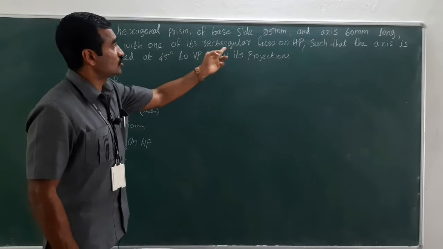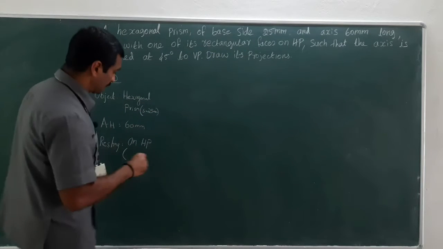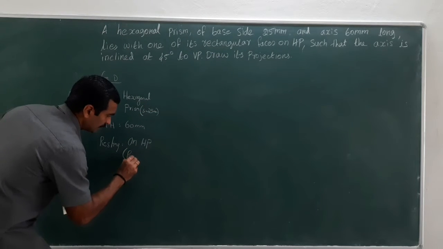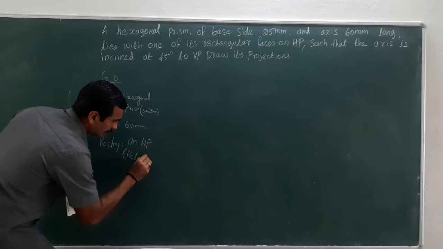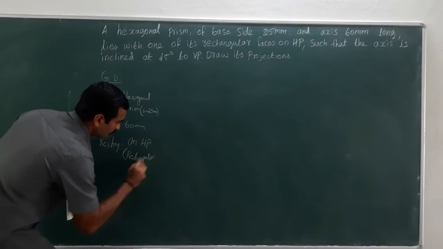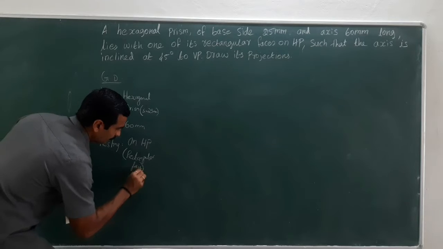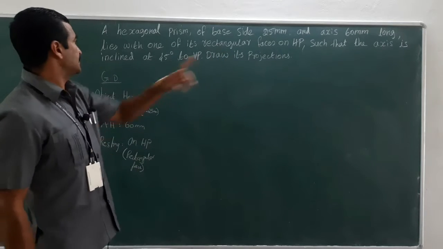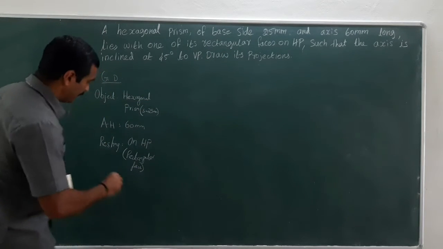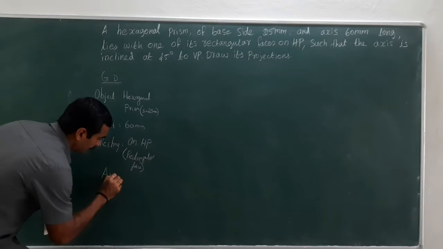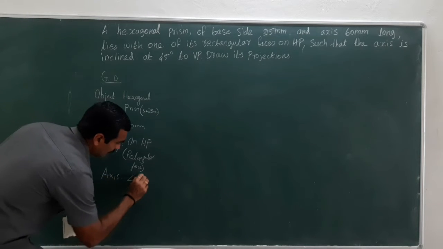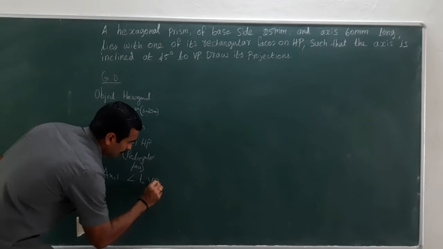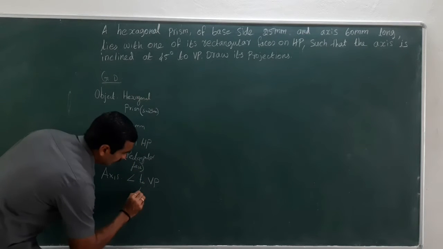It is resting with one of its rectangular faces. Such that the axis is inclined 45 degree to VP. The axis is inclined to VP at 45 degree.